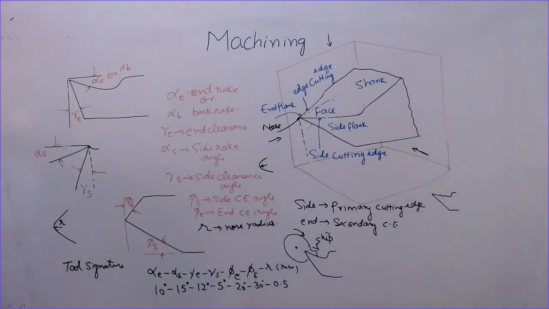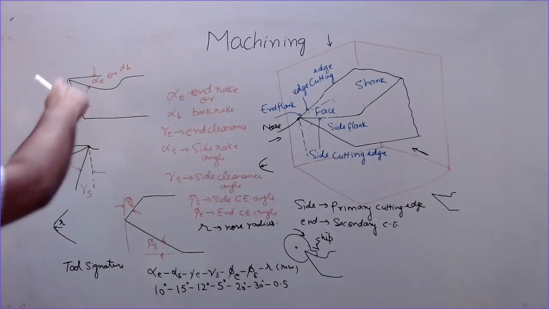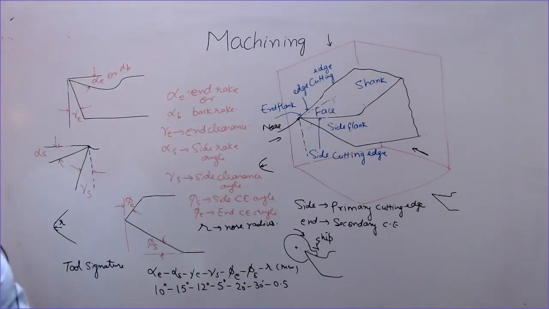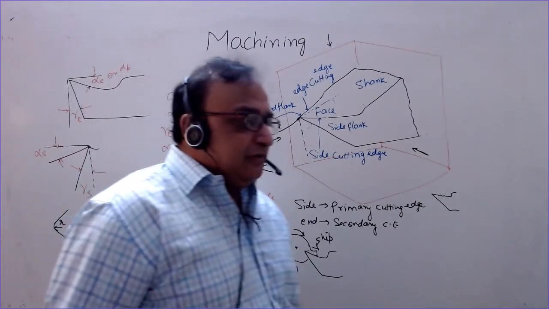So this part shows how we designate a tool, what the elements of the geometry of a cutting tool are, and how we explain them, why they are provided. Rake angle is important because it facilitates the chip to move over this surface and reduces friction.